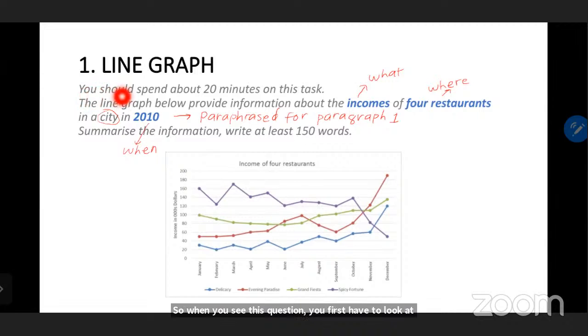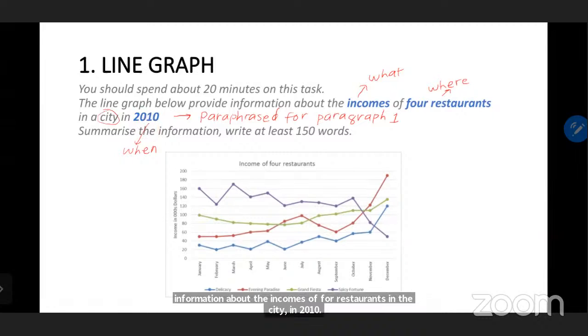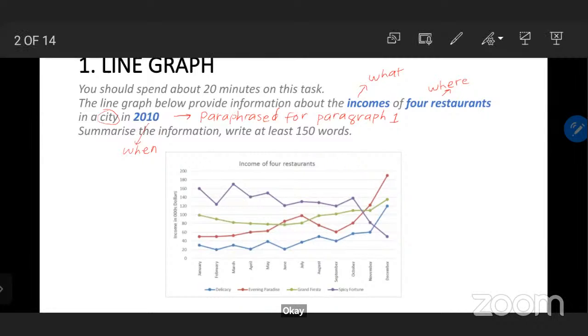It says that you should spend about 20 minutes on this task, like I told you earlier. And then they say, the line graph below provides information about the incomes of 4 restaurants in a city in 2010. Okay, so this is the main information about the graph.